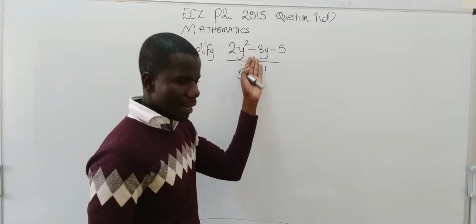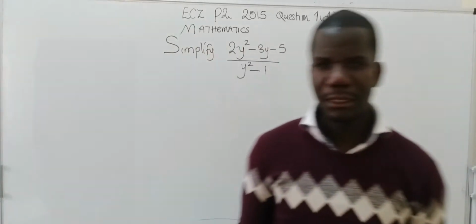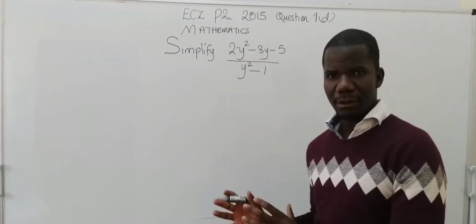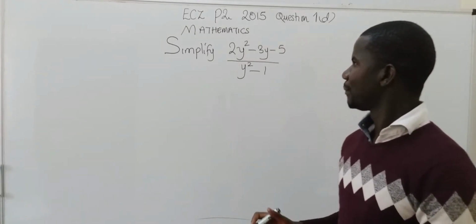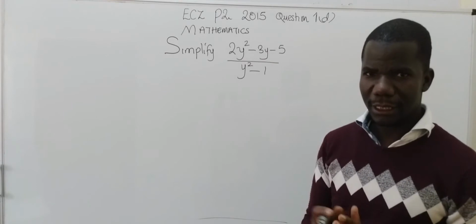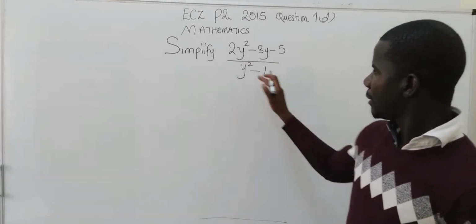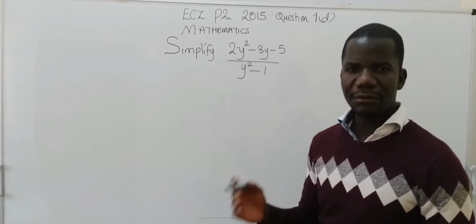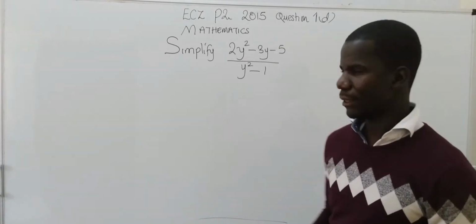When you look at what we have on the numerator, it's a quadratic expression. So now, how do we factorize a quadratic expression? The second one, we can factorize it using a difference of two squares.